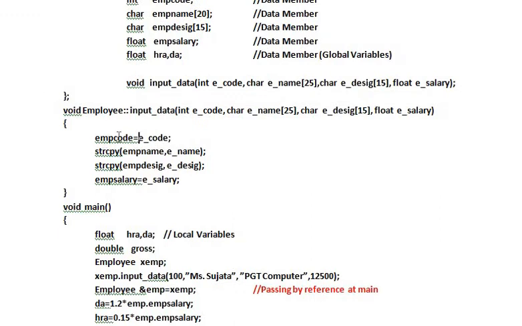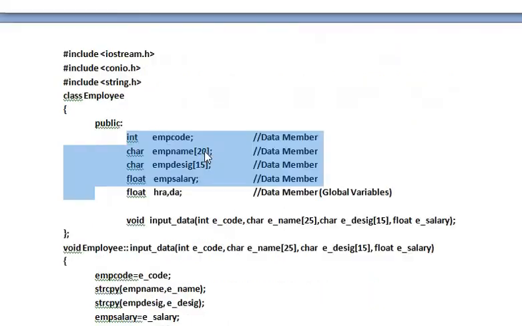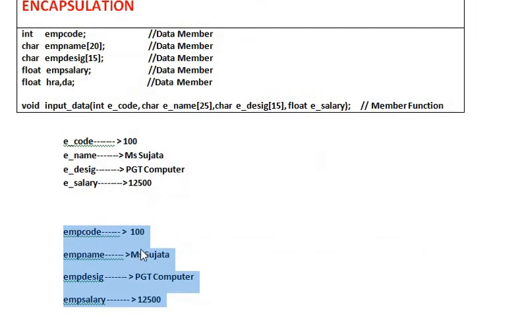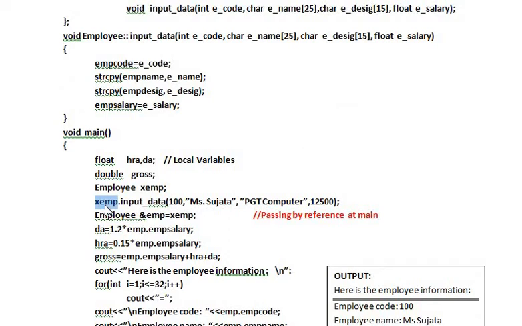Now, as emp_code, emp_name, emp_desig and emp_salary denote the data members of the class known as employee, these values assigned to these data members shall represent the state of this object xEMP.